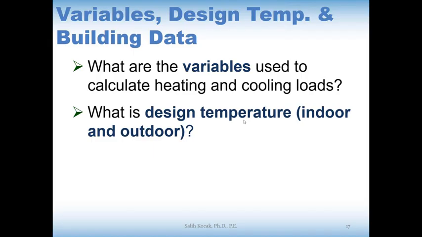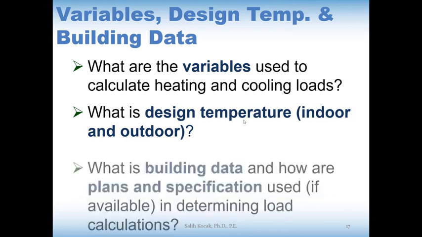So we are saying that this is the outdoor temperature for us. And indoor temperatures, again, are not changing. For the winter time, we are taking 70 degrees, and for the summertime, we are taking 75 degrees. These are the authorities' recommended values.